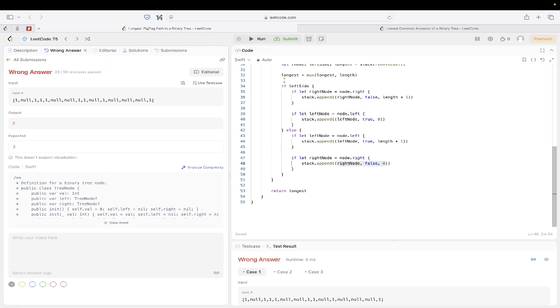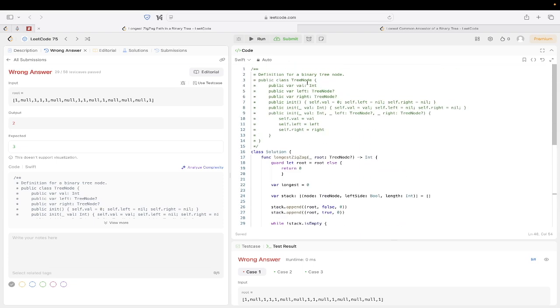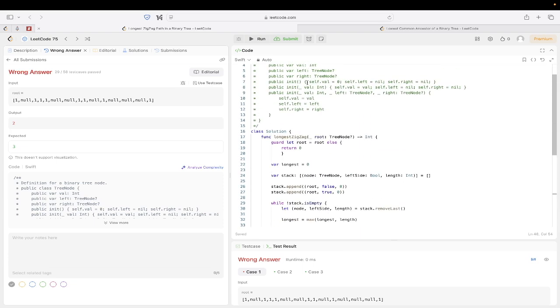Only half of the test cases. We have our longest. We have our stack.